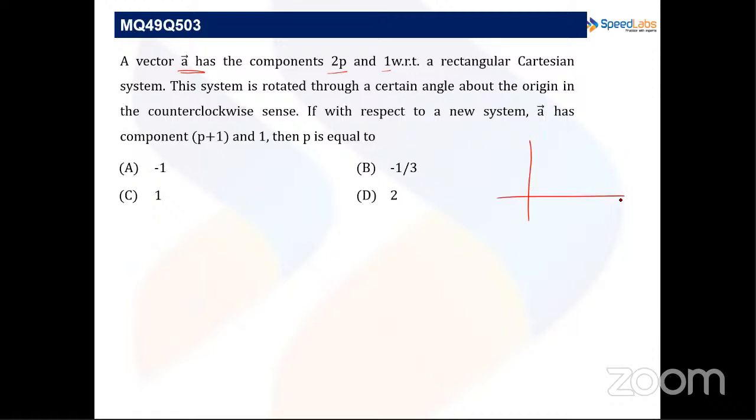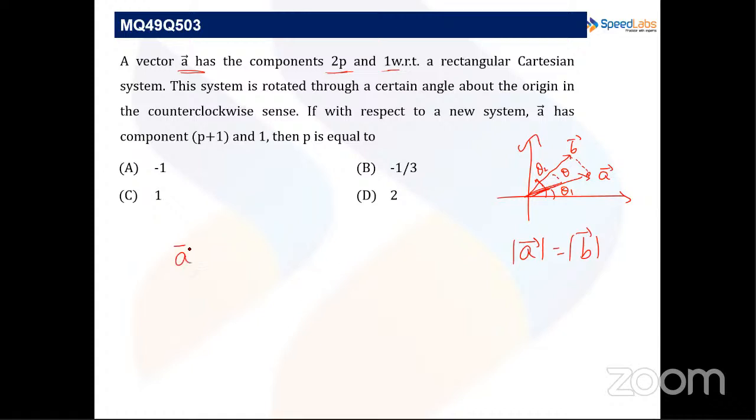See, if we have a vector A making some angle theta 1, and you rotate this vector by some angle, it is now making angle theta 2. Then the two vectors have different directions, but the magnitude of A will be equal to the magnitude of B because the vector is only getting rotated.